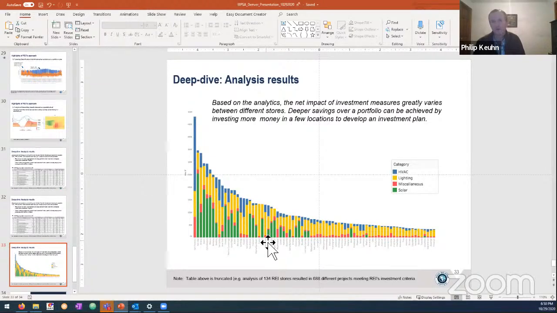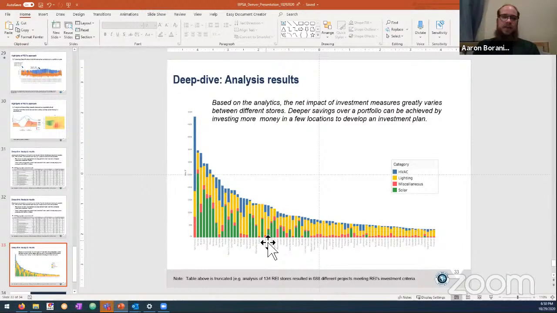I think the far left column in San Francisco also had some unique existing conditions. It was an older building, but the taller columns you see on the left are heavily influenced by utility rates and also advantageous lease structures. Some of the stores that don't have a lot of investable projects are leased properties, and REI didn't actually get the cost benefit from investing in them.